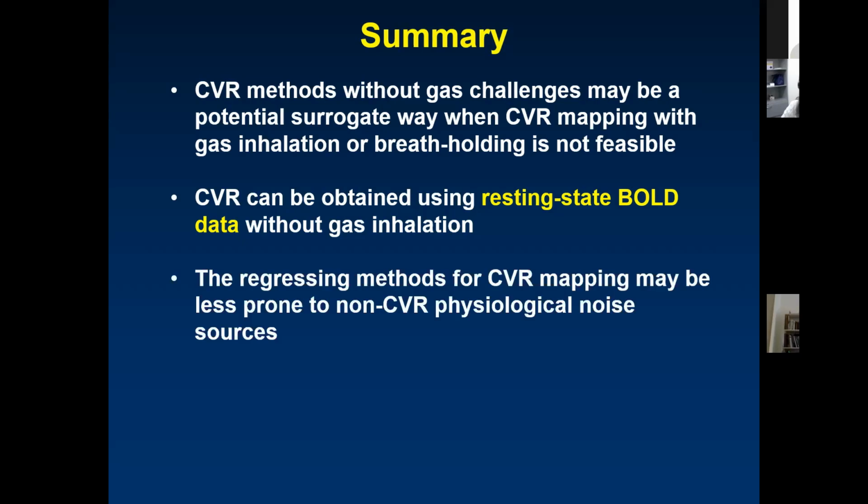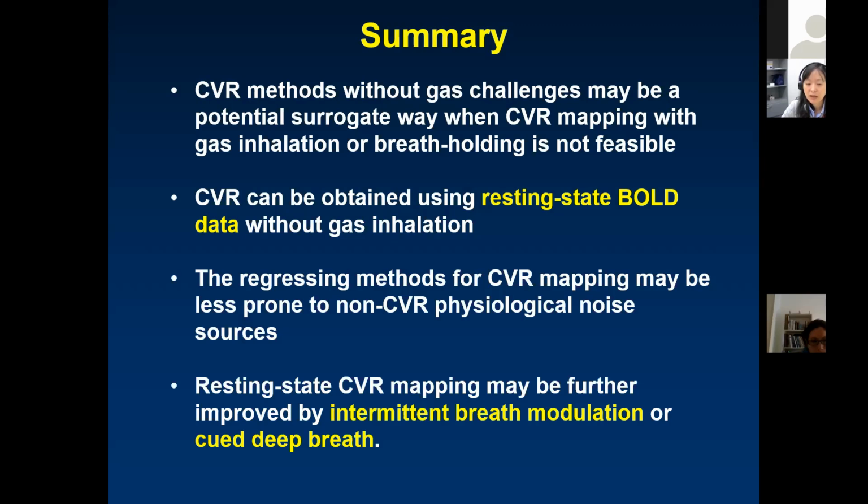Among those resting state CVR mapping methods, the regression methods may be less prone to non-CVR related noise sources. And the resting state CVR mapping could be further improved by intermittent breath modulation or cued deep breaths.